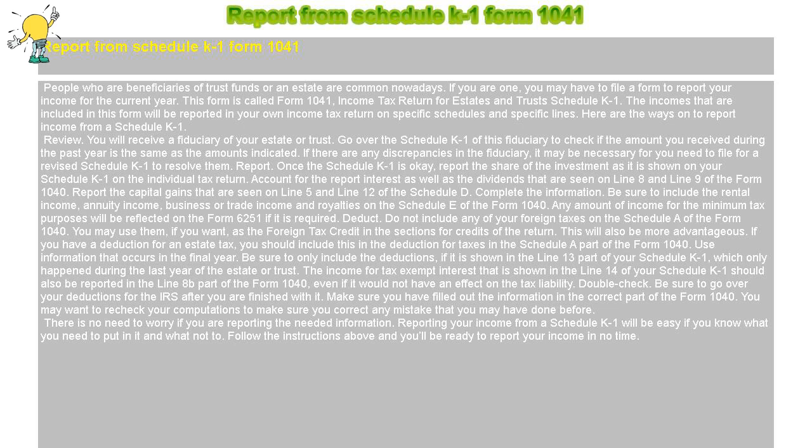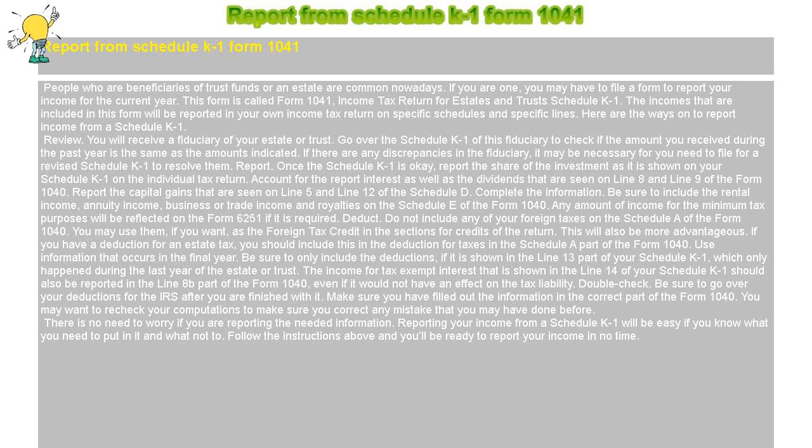Use information that occurs in the final year. Be sure to only include the deductions if it is shown in the line 13 part of your Schedule K-1, which only happened during the last year of the estate or trust.